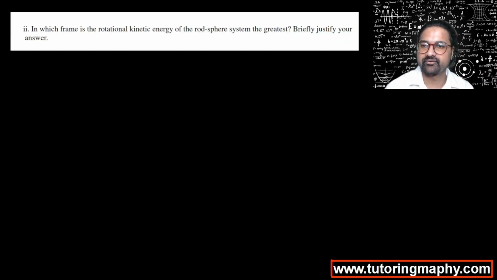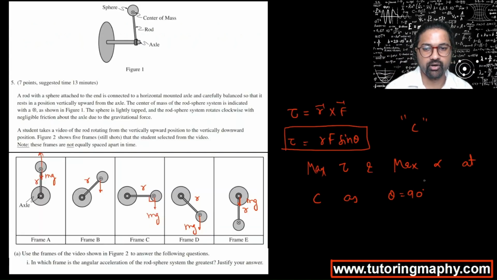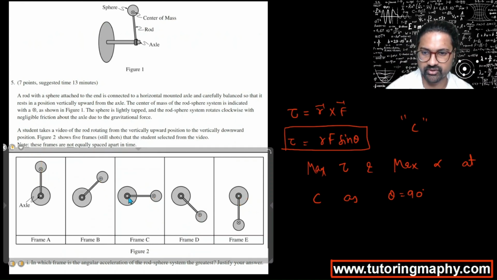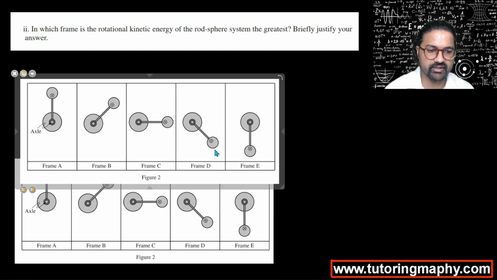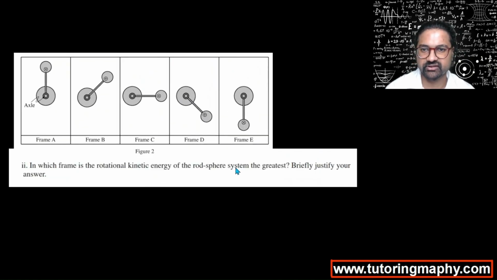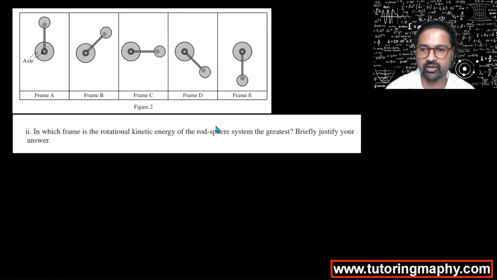In the next question, in which frame is the rotational kinetic energy of the rod-sphere system the greatest? Briefly describe. Okay, I think I'm going to need this image on the next one as well. So whenever we talk about rotational kinetic energy, remember in this case there's no friction, so the energy is very well conserved.